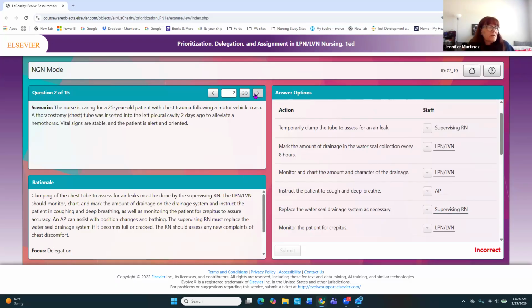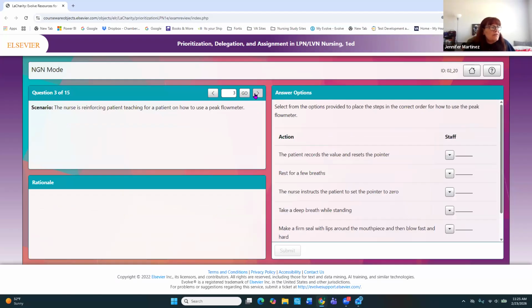All right. The nurse is reinforcing patient teaching for a patient on how to use a peak flow meter. Select from the options provided to place the steps in the correct order.